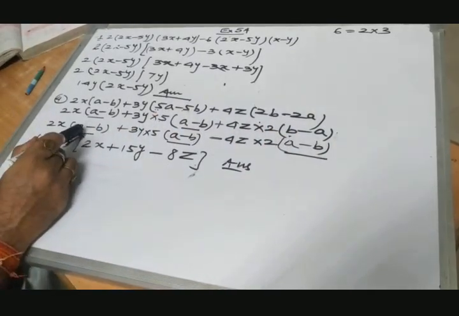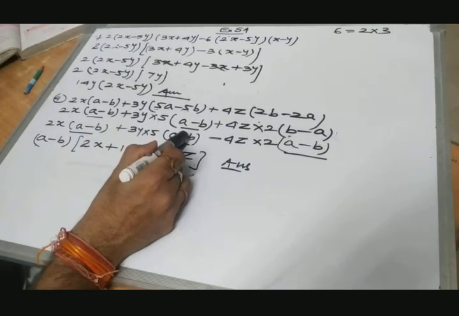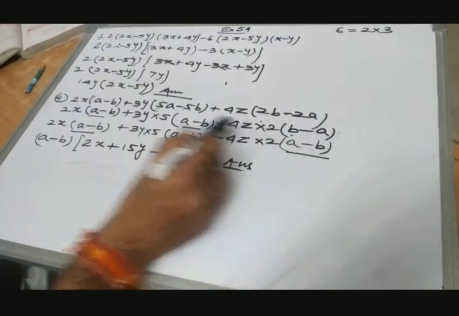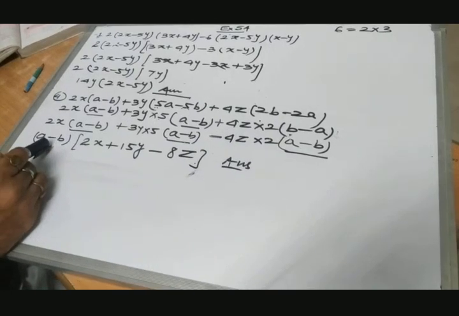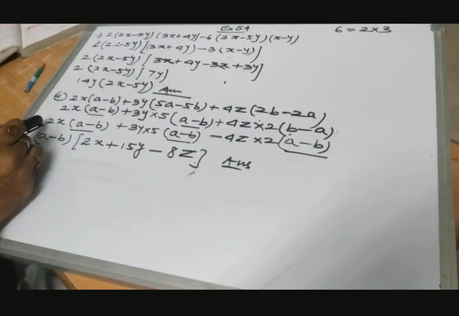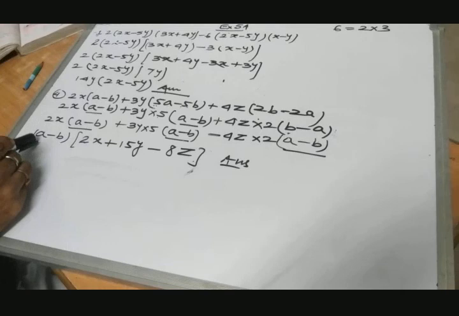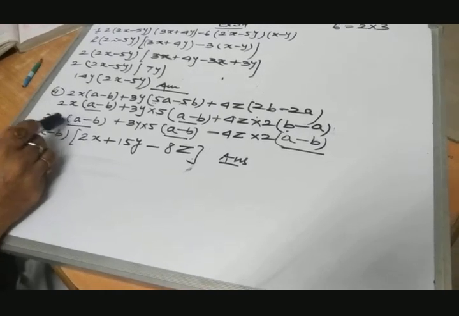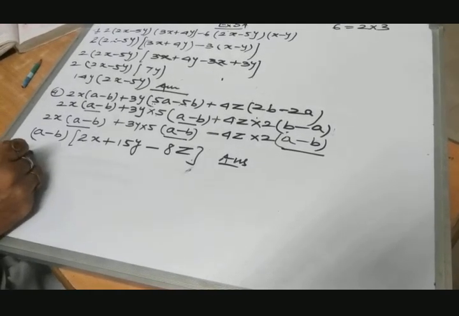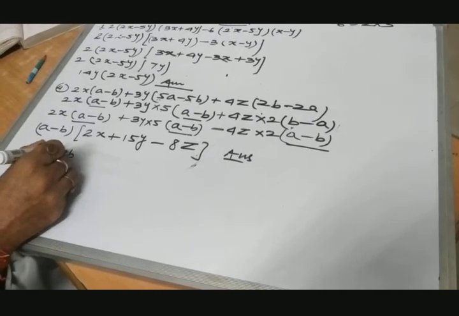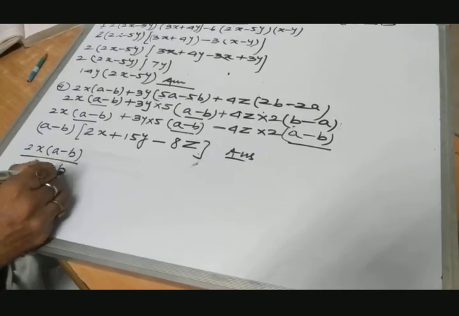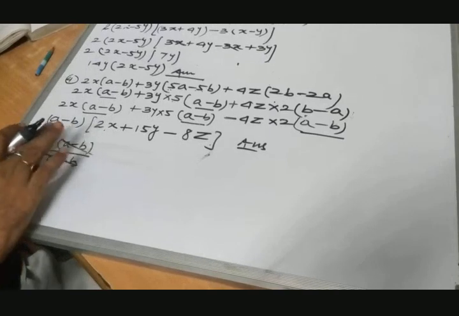Now the first term contains a minus b, the second also contains a minus b, and the third also contains a minus b. So we take a minus b as common. When we divide the first term 2x, a minus b divided by a minus b cancels, converting into 2x.